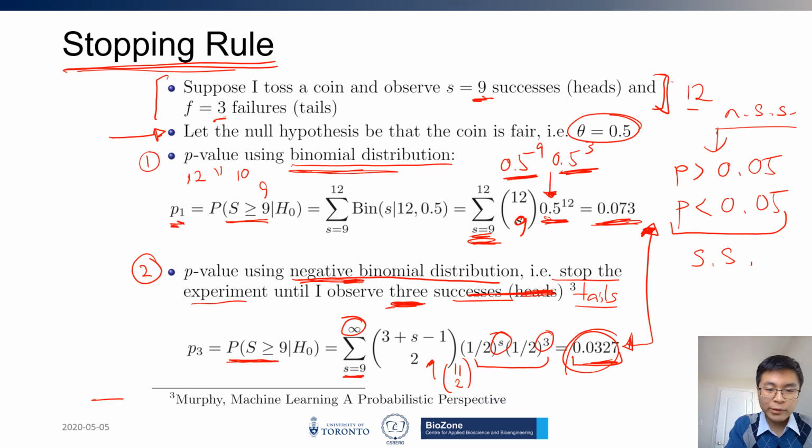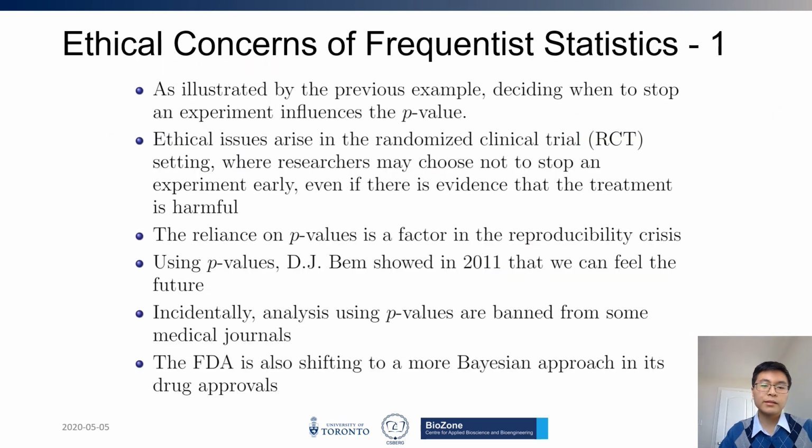So if you want to read a bit more on the discussion behind this, highly encourage you to look at Kevin Murphy's textbook. Now, to summarize what these concerns are with using frequentist statistics in evaluating experiment outcomes, is that the decision of when to stop will influence the p-value.